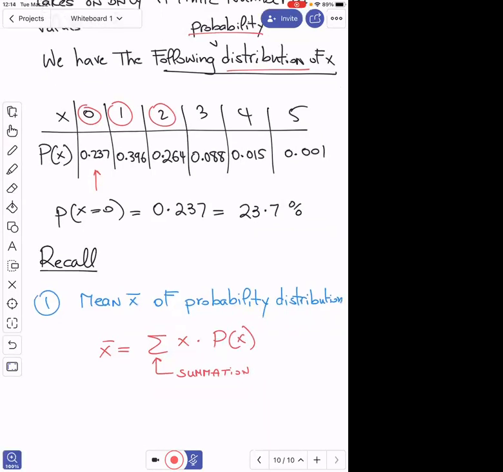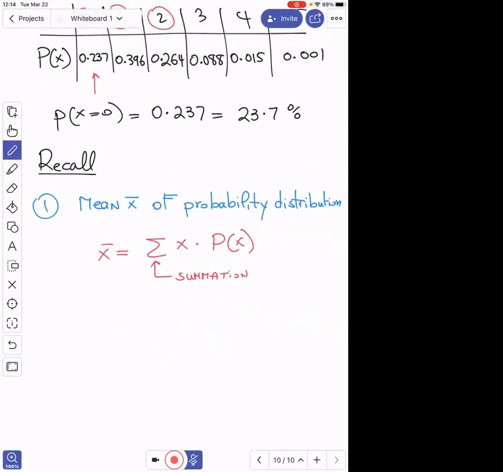I'm not sure if I computed the mean of this example yesterday, but we can do it again.